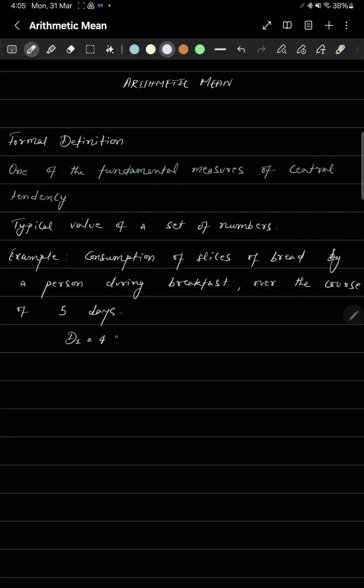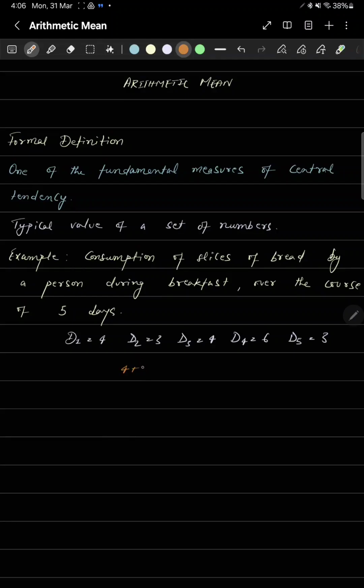So data is like this. D1, they consume 4 slices of bread. D2, 3 slices. D3, 4 slices. D4, 6 slices. D5, 3 slices. If you were to get a general idea as to how many slices of bread that person typically consumes in a day, then you would intuitively do something like this.